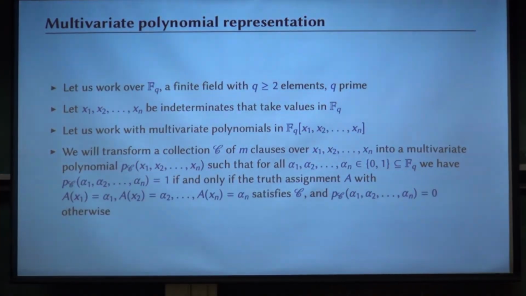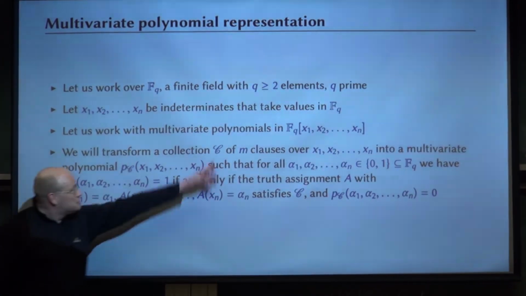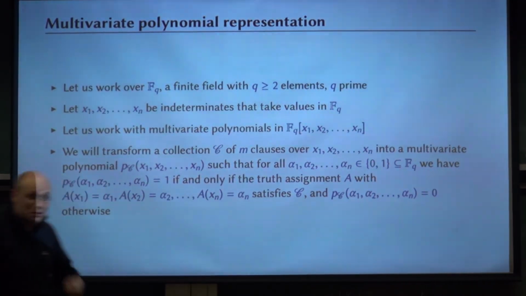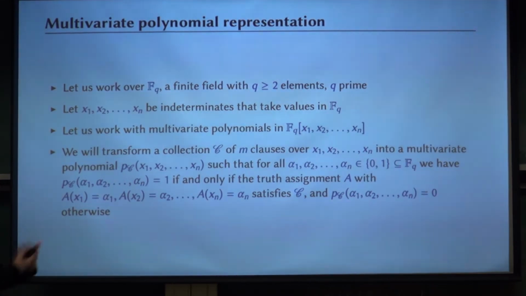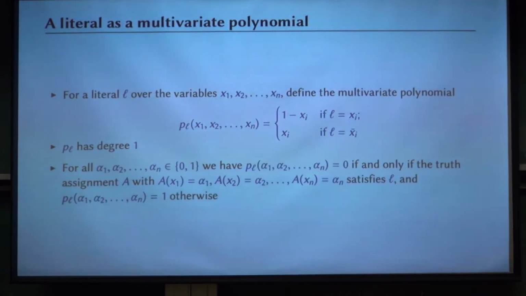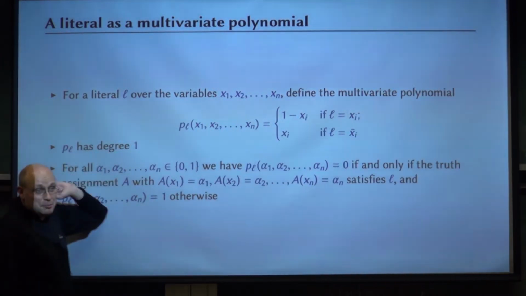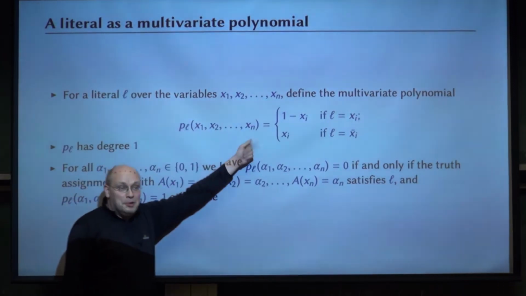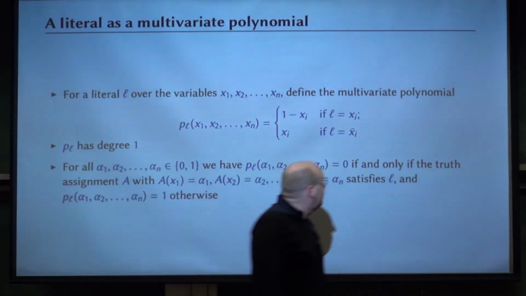Okay, those are the constraints, so let's proceed with the step-by-step definition. Remember that a collection of clauses consists of clauses, and a clause consists of literals. So we start from the bottom, defining polynomials associated with literals, and then go on from there, in the straightforward manner that you would expect. If I have a literal L, remember it's either a variable or its negation. So let's define a polynomial in the variables associated with that.